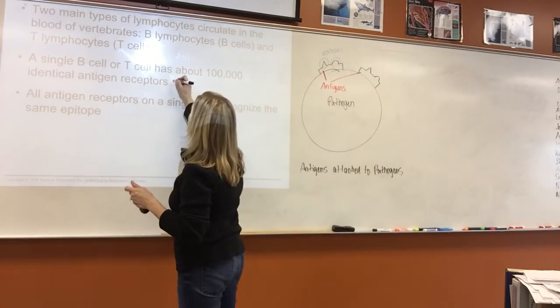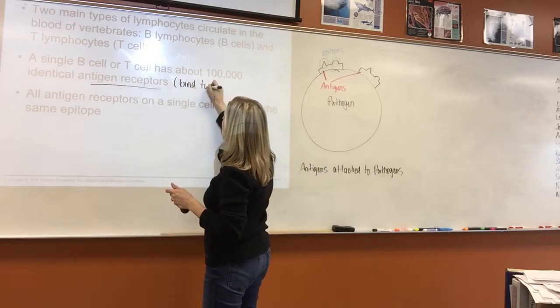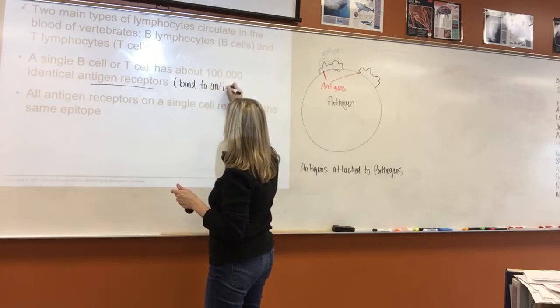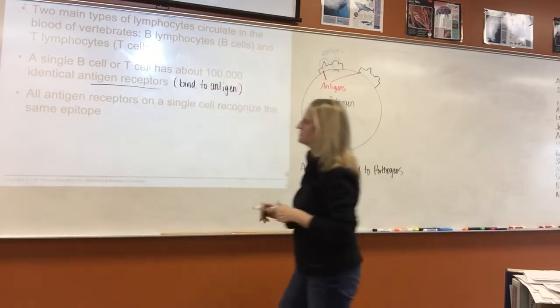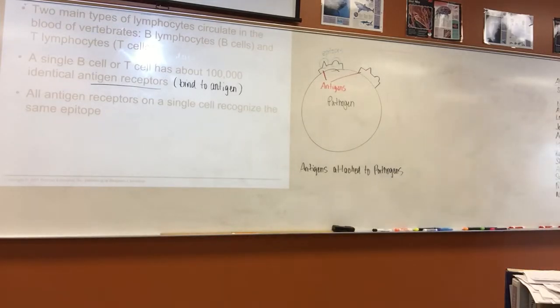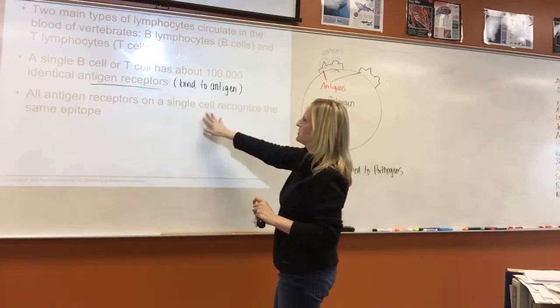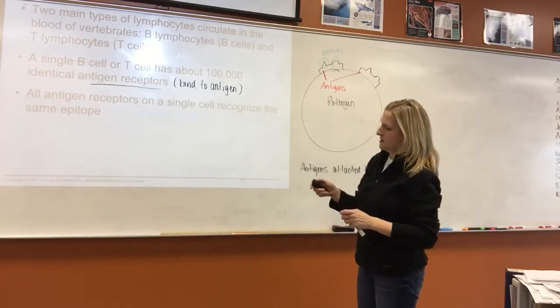Antigen receptors, these guys here, can bind to the antigen. Let's look at the B cells first, and I'll show you what I mean by the identical antigen receptors and that they're all the same.